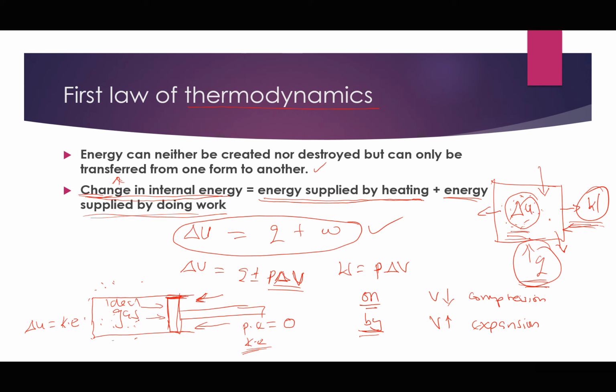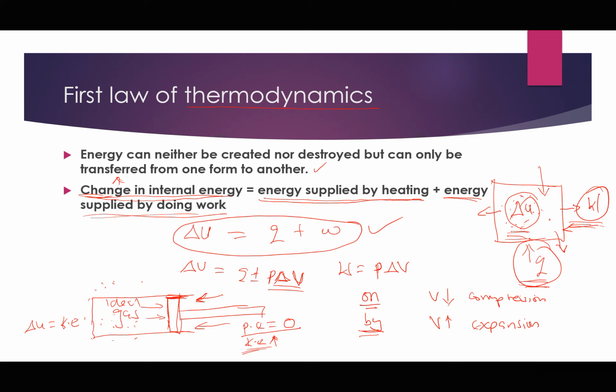That is to say, the total kinetic energy of the molecules of the ideal gas will be increased. Because I want you to note, for an ideal gas, the potential energy contribution is zero. It is only the kinetic energy contribution which is important. Because we are compressing the gas or applying heat to the gas, the kinetic energy of the molecules increases.